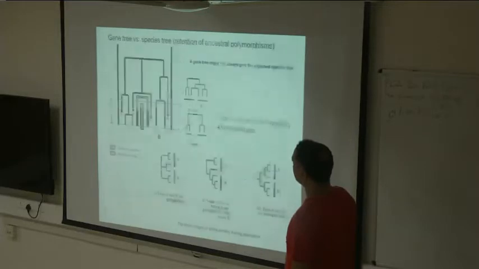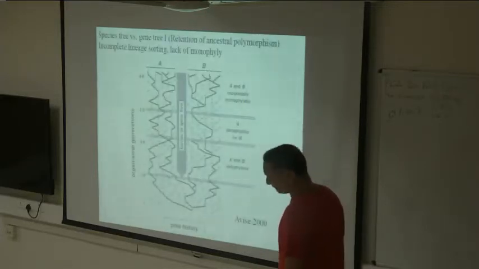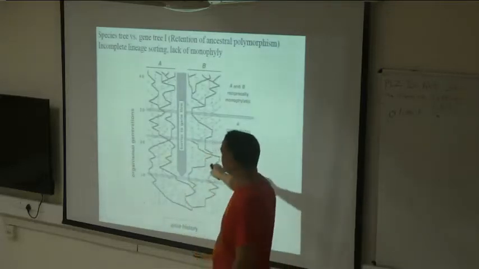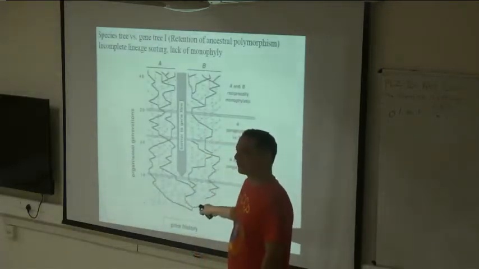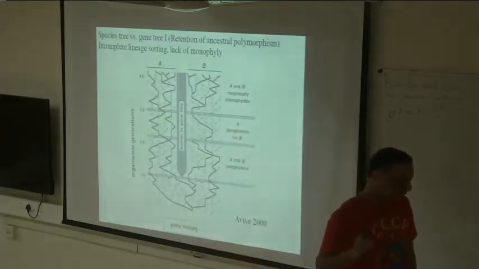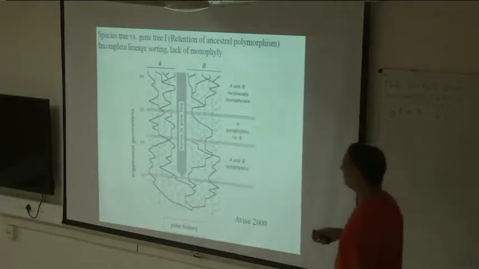And the other very common situation, which is related to deep coalescence, is a speciation event that has occurred very recently. In fact, Chaitanya talked about it a little bit, right?